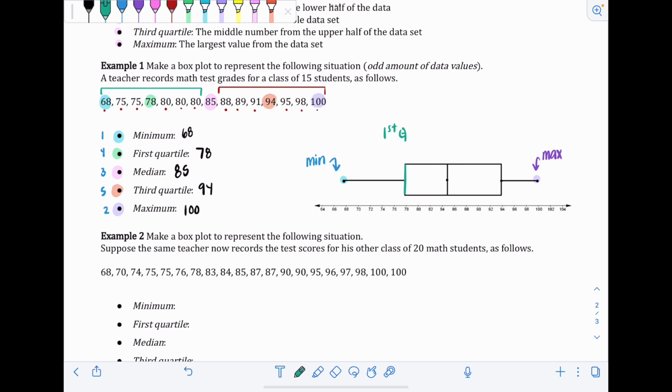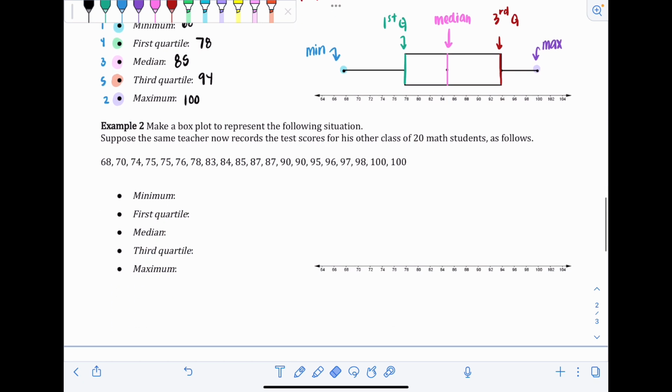I'm just going to do first Q. And then the middle line in our box, that's the median. And then the last line in our box, the end of the rectangle, that's our third quartile. So I'm just going to do third Q for third quartile. And then it'll be arranged that same way every single time. The only thing that'll vary is what our actual numbers are for the minimum, maximum, quartiles, and the median.